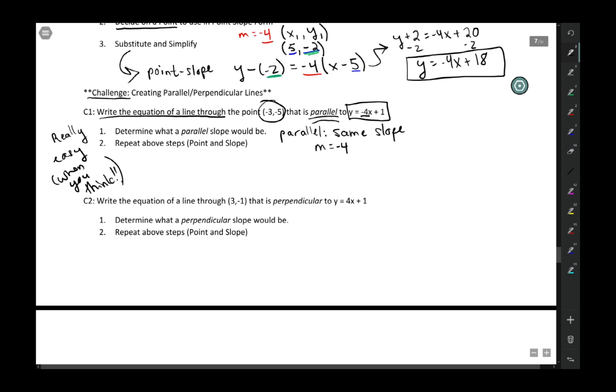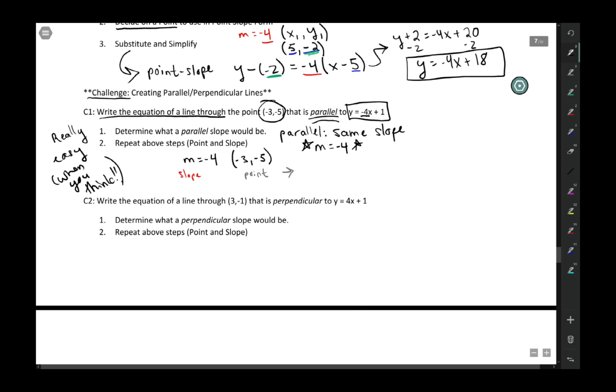Okay, we want it to be parallel, so we decide that the slope is -4. Once you find that slope, we have a point. And again, when you have the slope and you have a point, we're going to choose point slope.